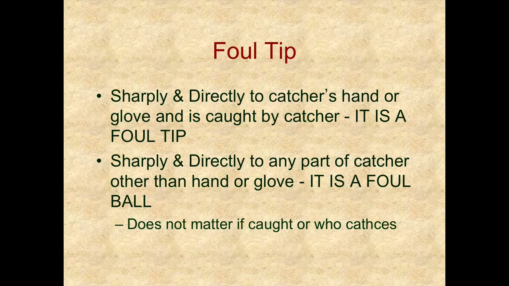If the ball does go sharply and directly to the catcher's head, it cannot be a foul tip since it did not satisfy the second criteria, which is it must go sharply and directly to the catcher's hand or glove. If the ball goes sharply and directly to the catcher's hand or glove and then ricochets away and is caught by the third baseman, it cannot be a foul tip since it did not satisfy the third criteria, caught by the catcher. All three criteria must be satisfied.